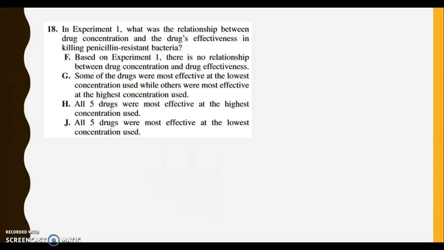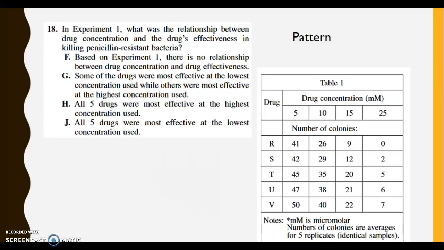Question 18. What was the relationship between drug concentration and the drug's effectiveness in killing penicillin-resistant bacteria? I go to my experiment 1, and again, it's a pattern question, and if I've drawn my trend lines, this becomes a very easy question to answer.